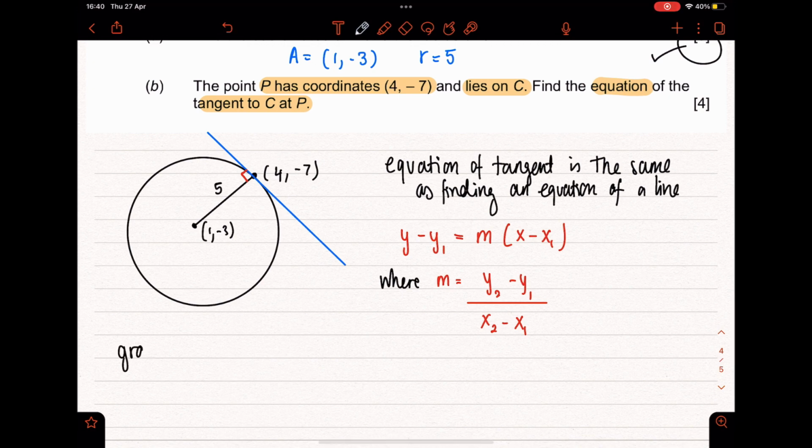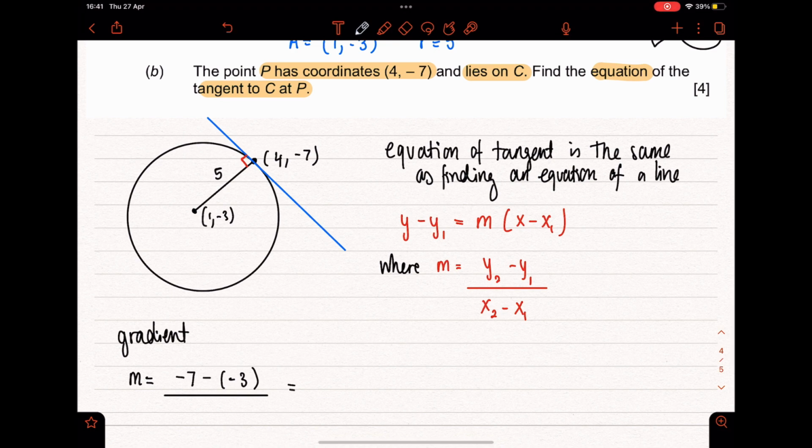So by using the second equation, we can find the gradient. So the gradient is equal to the change in y over the change in x. So we're going to start by doing minus 7 take away minus 3 all over 4 minus 1.